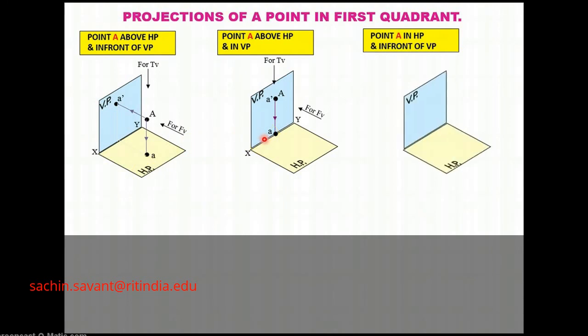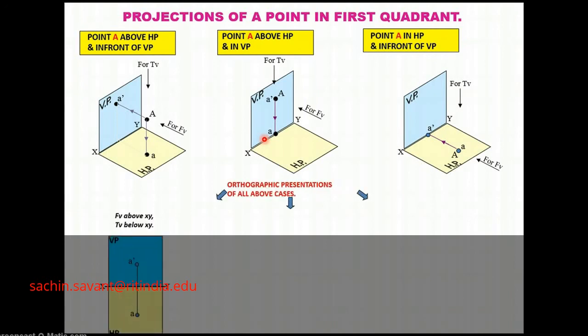Similarly, point A is in the HP and in front of VP. So this is the projection of point A and A dash and A. So A is in the HP and A dash lies in the VP.